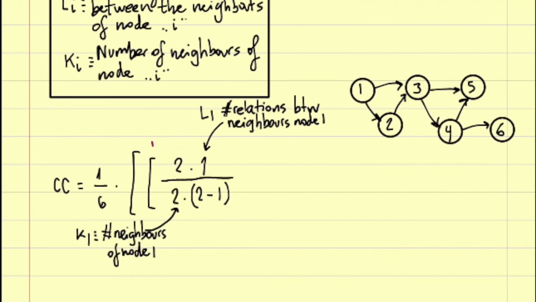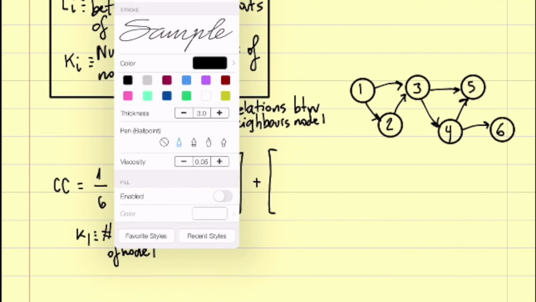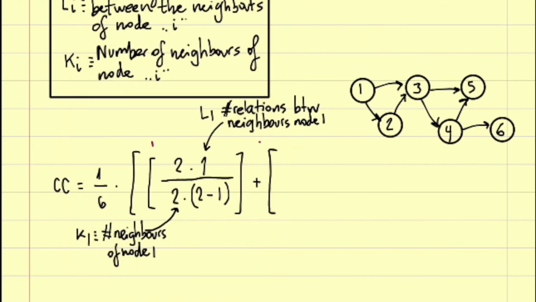Okay? So let's do it for node 2. The equation is the same, 2 times... How many neighbors does node 2 have? 1 and 3.